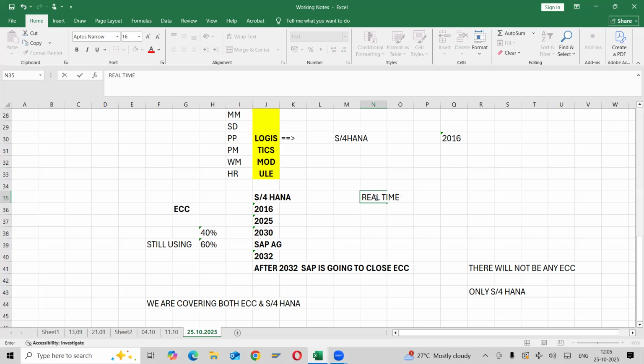Whatever scenario or project session I take from day one, it's not current real time, but it is a post-mortem one. But the scenarios, day-to-day activities, and the challenges a consultant will face on the floor, all those things we are going to cover in this course, both on ECC as well as on S4HANA.